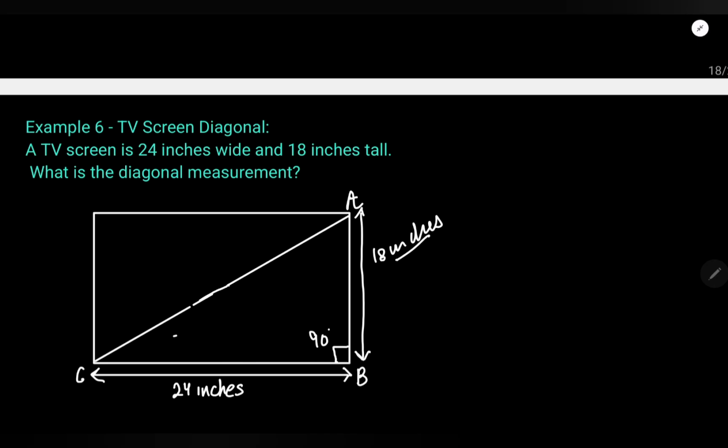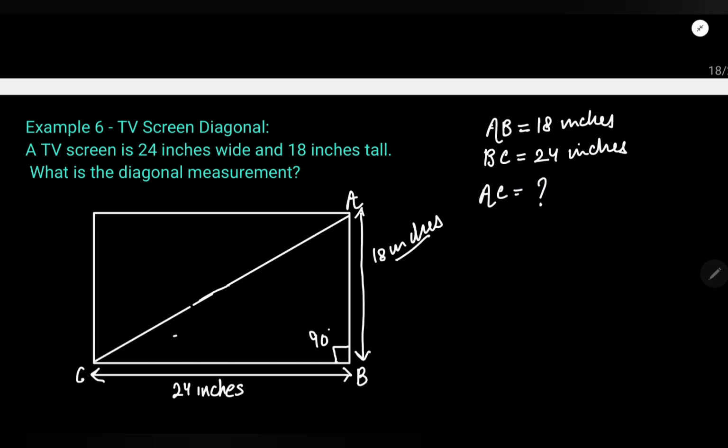Okay, so in this question, instead of taking H, B and P, I'm taking ABC. What is AB? AB is equal to 18 inches. And what is BC? BC is equal to 24 inches. And I need to find AC.